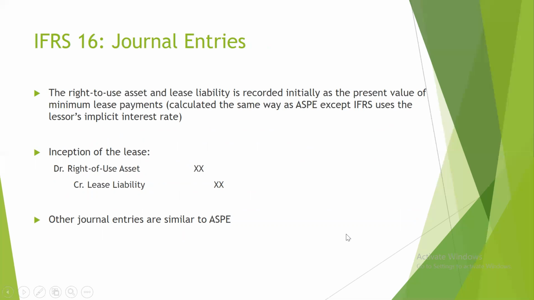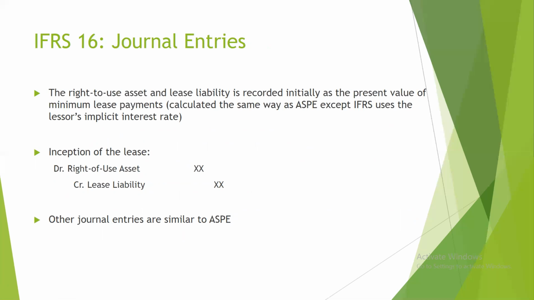And then the journal entries for the inception of the lease are similar to ASPE, but it's called something different. It's going to be called right to use asset instead of asset under lease or equipment under lease, and we're going to credit lease liability. All the other journal entries are similar.